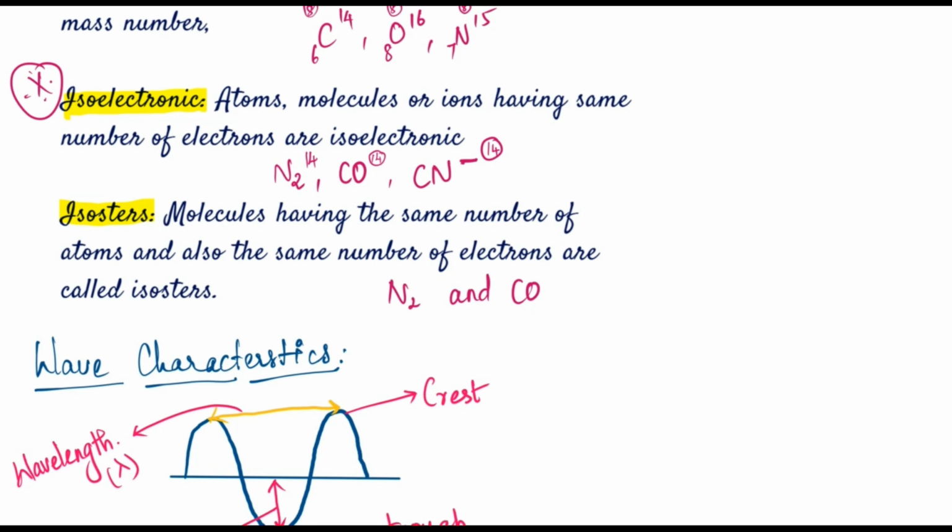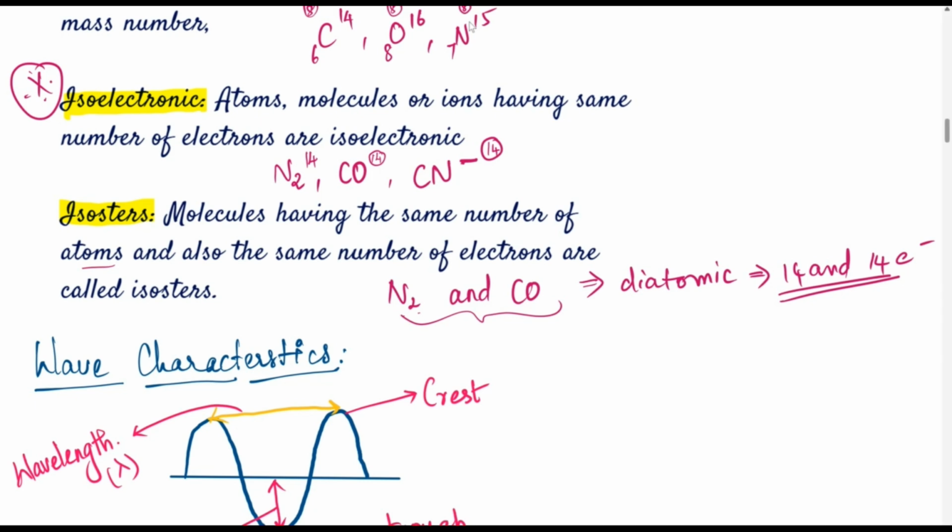What it says, same number of electrons and same number of atoms. Both are diatomic molecules, and the electron count is 14, 6 for carbon, 8 for oxygen, in total 14 again. So this is an isostar. Okay, so these are the important terminologies you should note down.